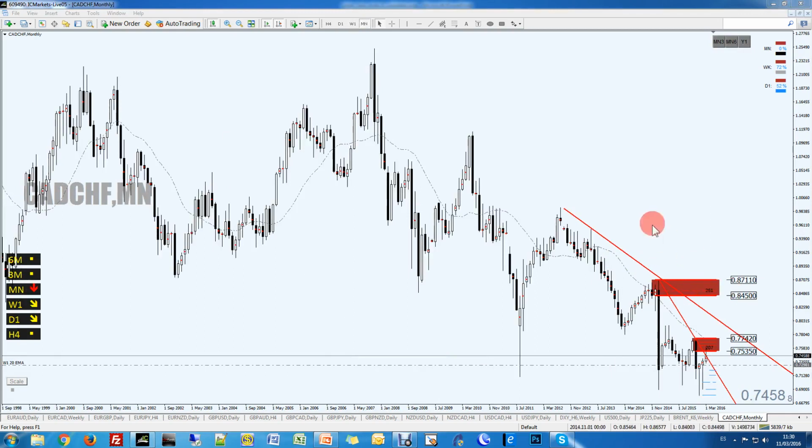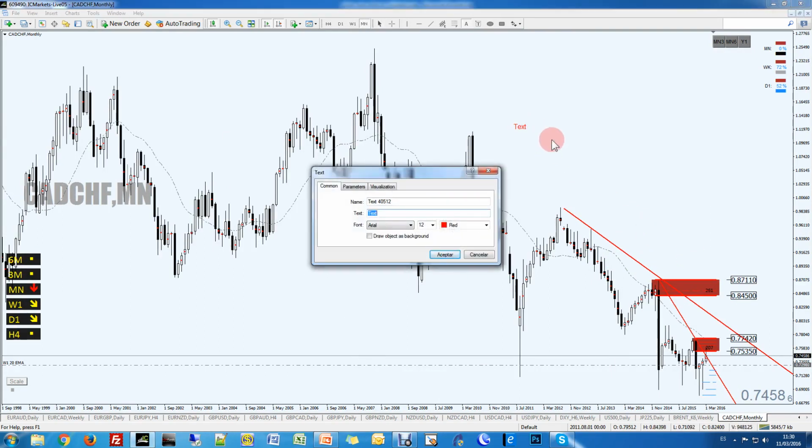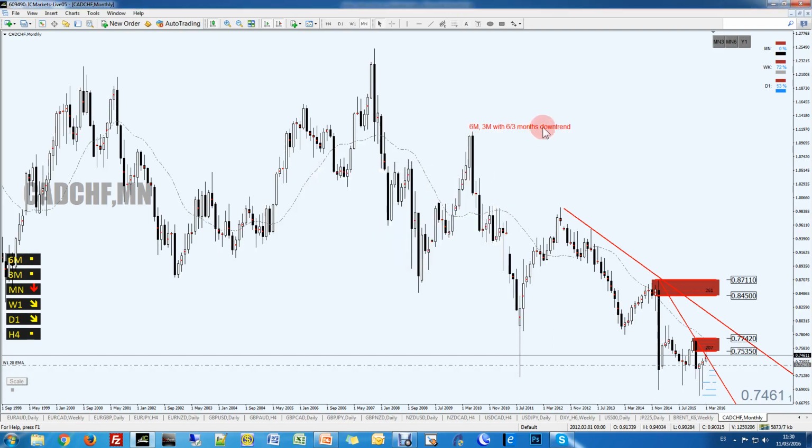is an area that is nested within a 6 months supply zone, 3 months supply, with 6 and 3 months downtrend. This here, over here.